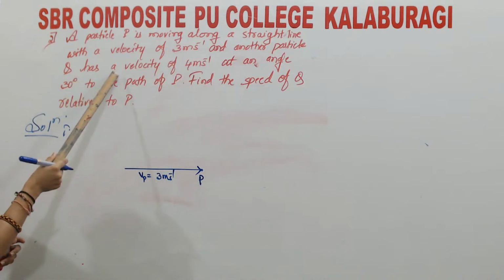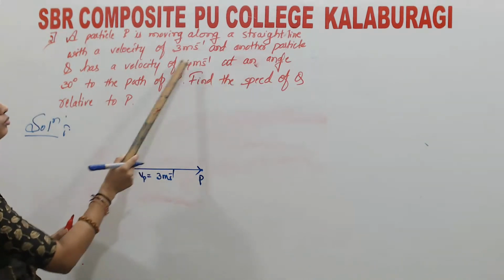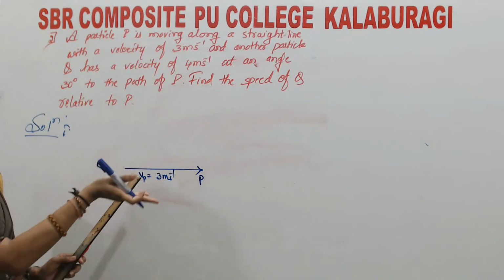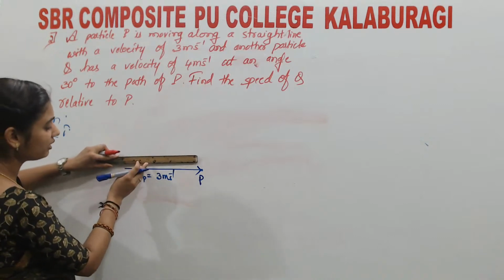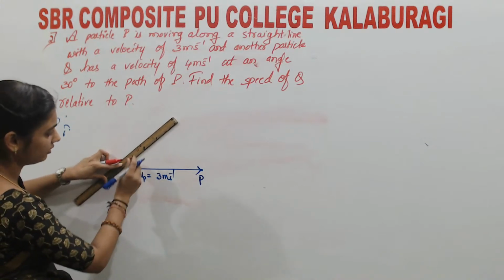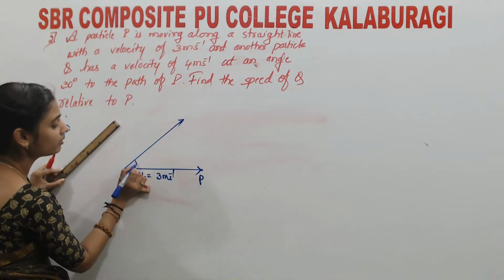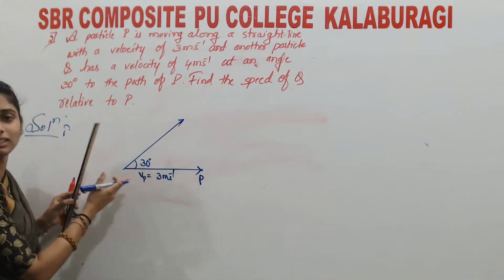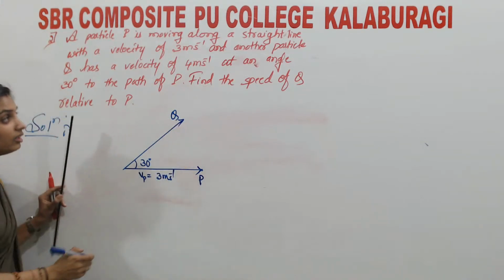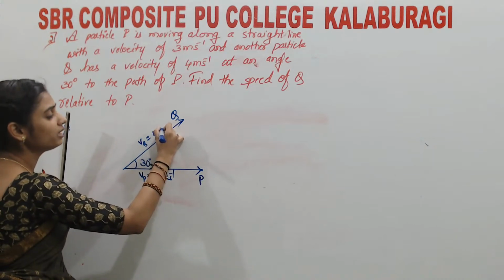And another particle Q has a velocity of 4 meter per second. They are saying that another particle is moving with a velocity of 4 meter per second at an angle 30 degree to the path of P. So let me take it at an angle 30 degree to the path of P. The velocity of Q is nothing but 4 meter per second.